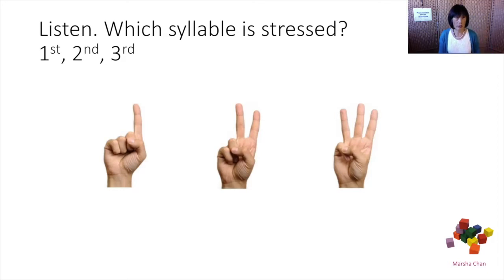You can show me with your fingers if it's the first syllable, the second syllable, or the third syllable. So what I'm going to do now is I'm going to say some words. And after each word, I expect you to show me your fingers to indicate which syllable is stressed. Let's try it.